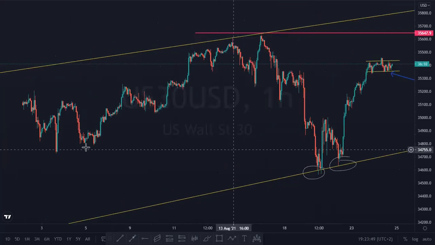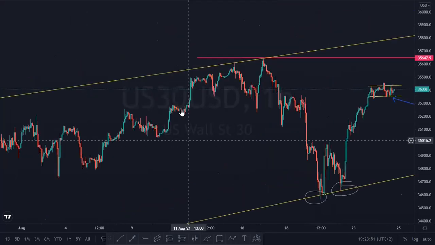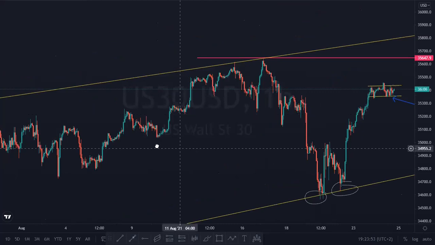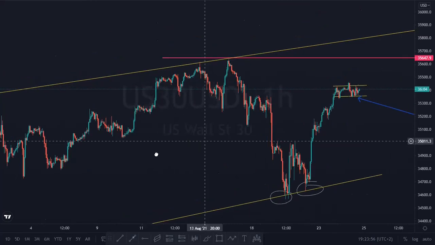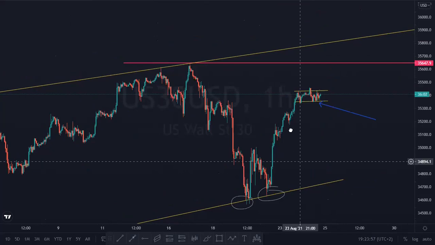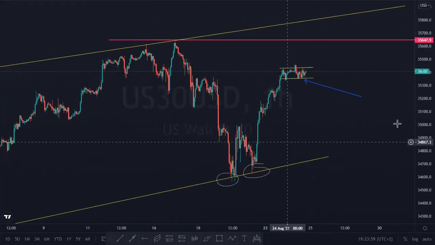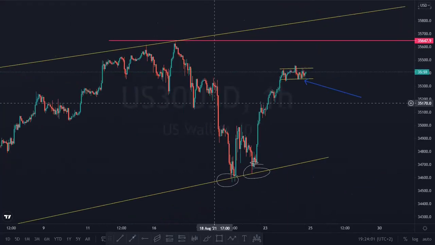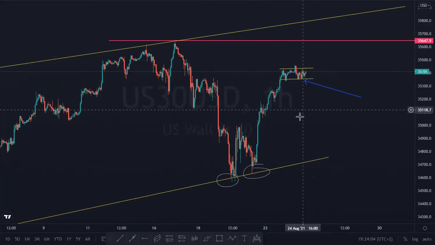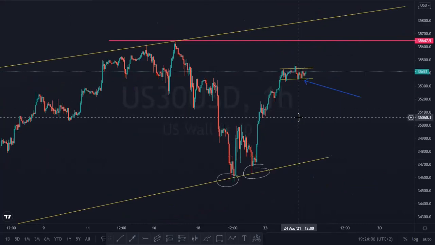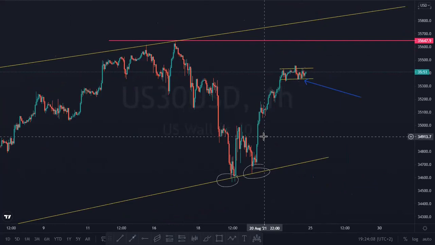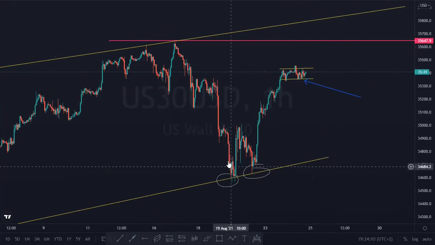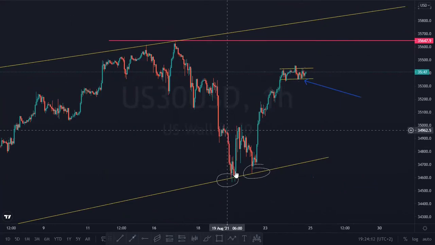Guys, I don't want to dwell on all these corrections and all that, because we know. But can you see this W pattern now? The more we go to lower time frames, the clearer it becomes. Now you can see this W pattern.